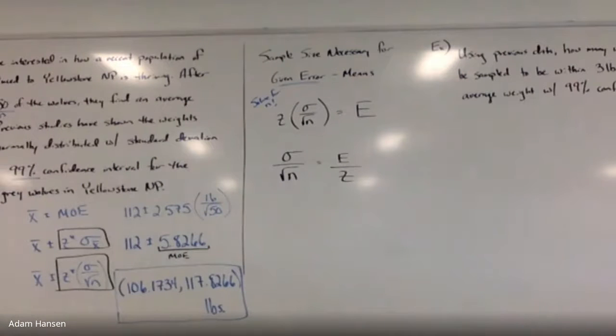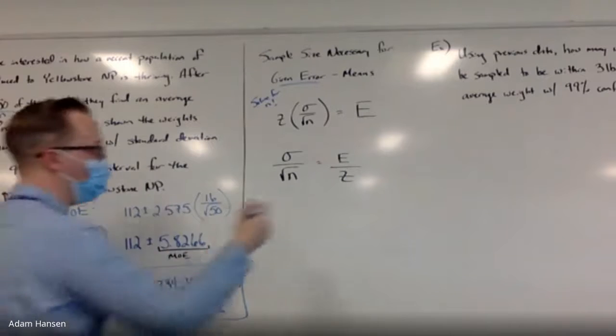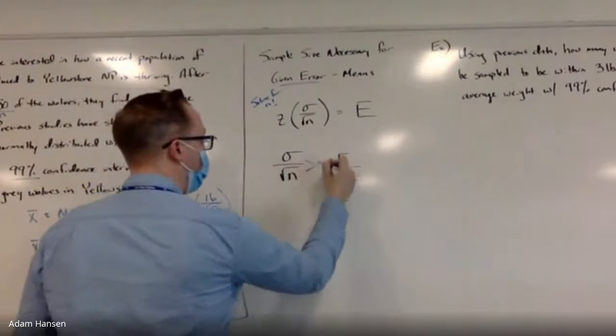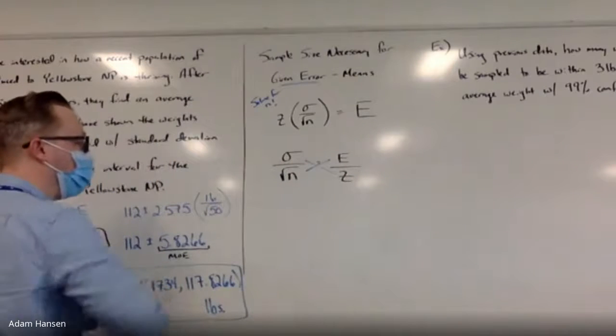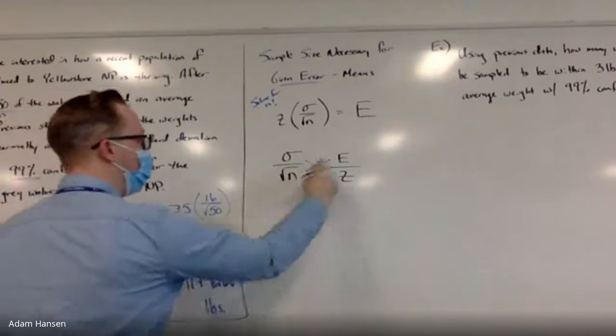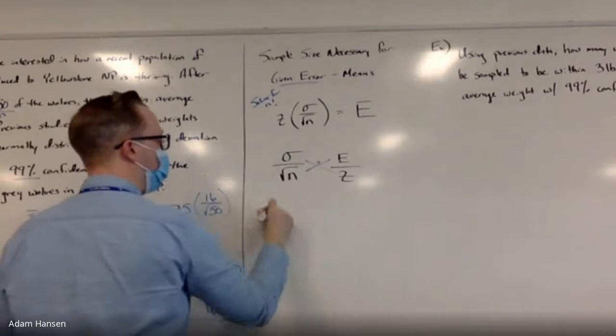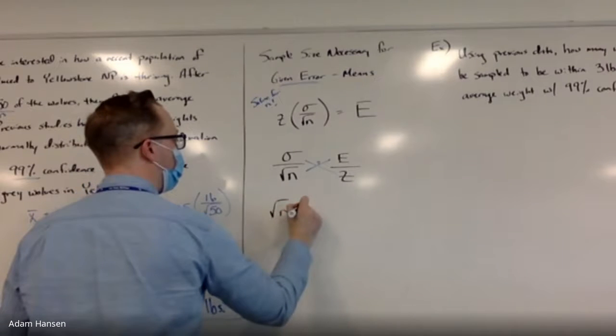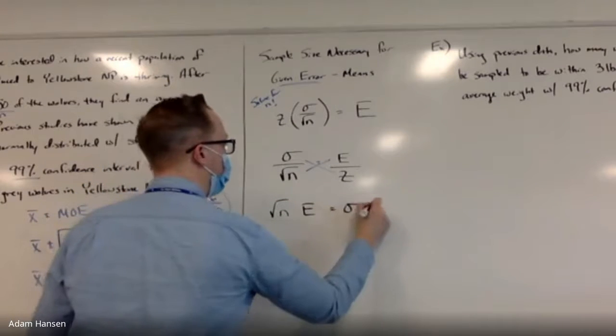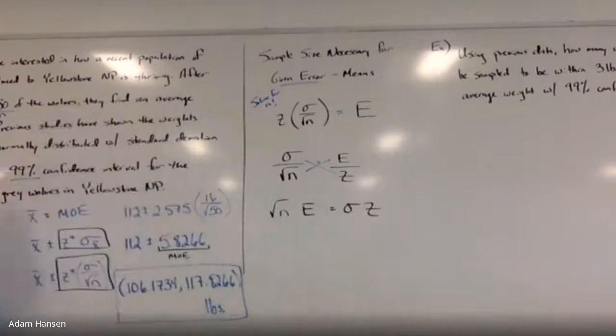Now I see a proportion. To solve proportions, I'm going to cross multiply. Set our two cross products equal to each other. Root n times e is one cross product. Sigma times z is the other.